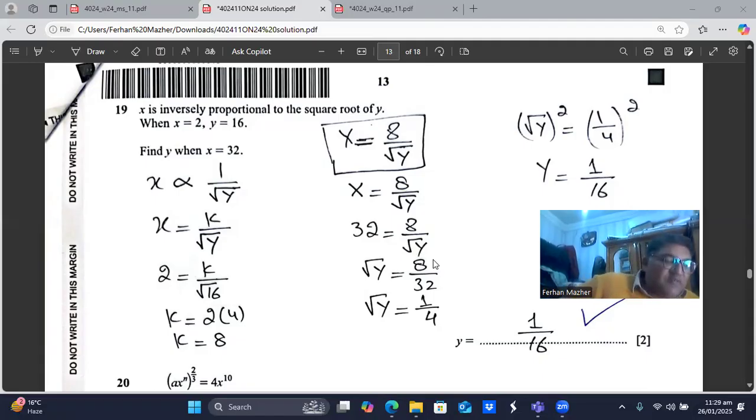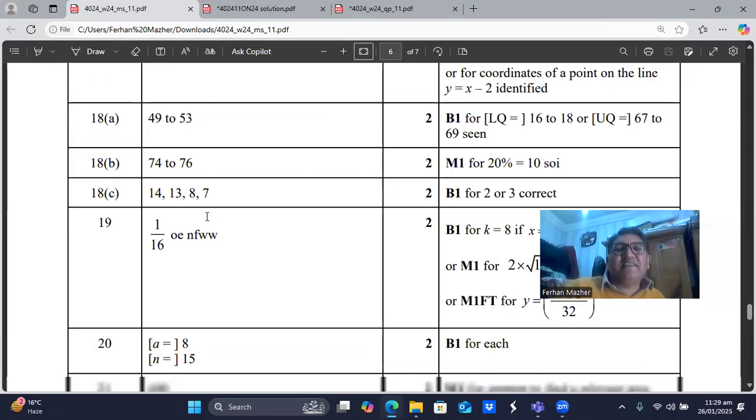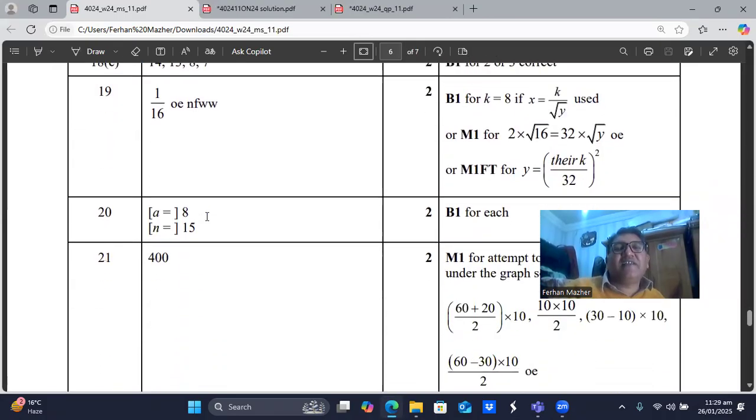So root y will be equal to 8 divided by 32, that is 1 by 4. So take the square on both sides. So y will be equal to 1 by 16. So the value of y will be 1 by 16. So 1 by 16 is the right answer, sir.